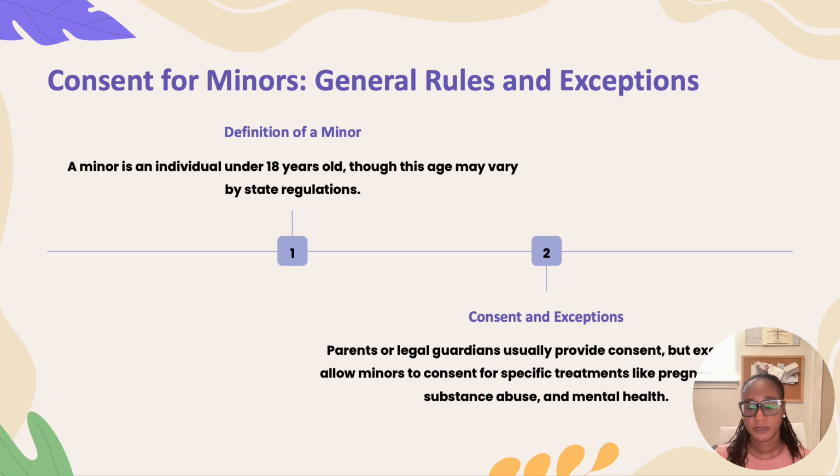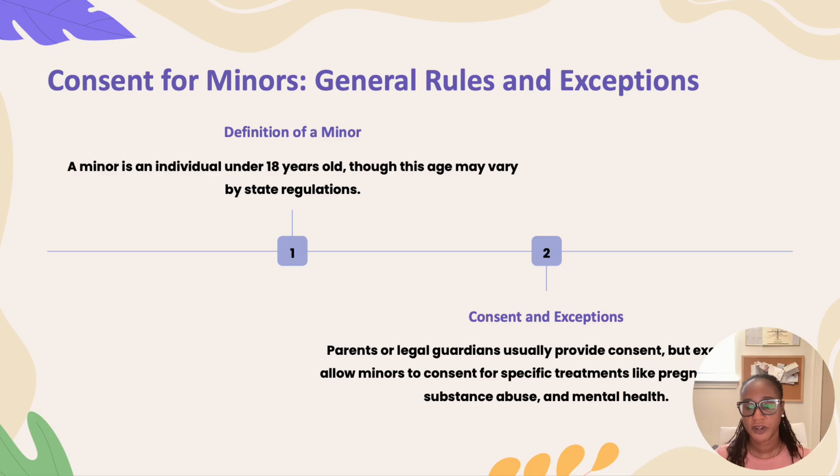And then sexually transmitted infection testing and treatment, for HIV and chlamydia. Then mental health, outpatient counseling or therapy, and substance use treatment for alcohol and drug addiction. So those are the certain sensitive health services to be considered.